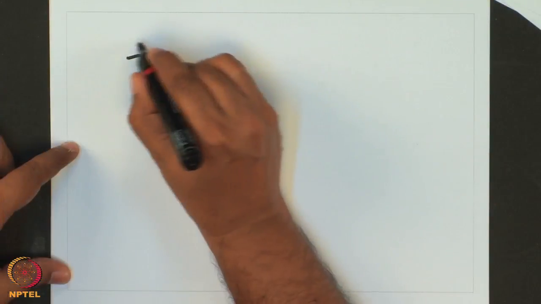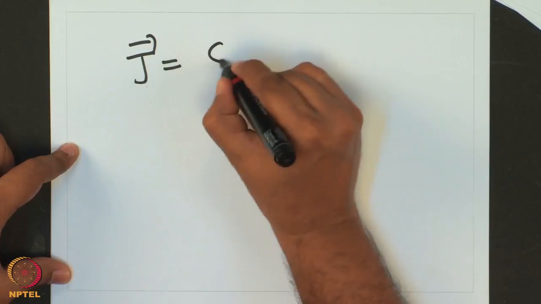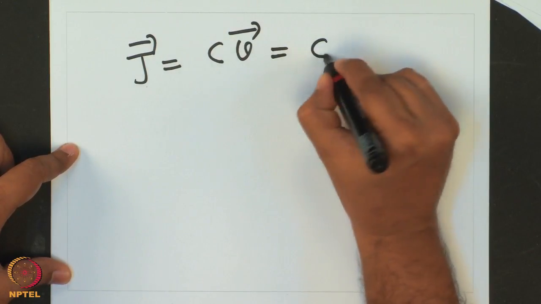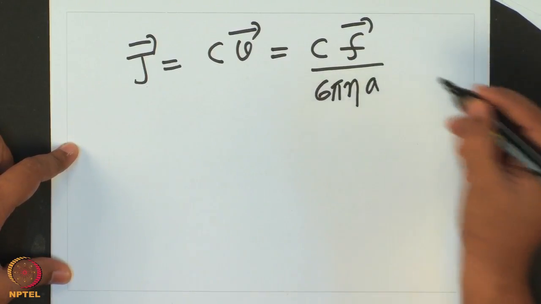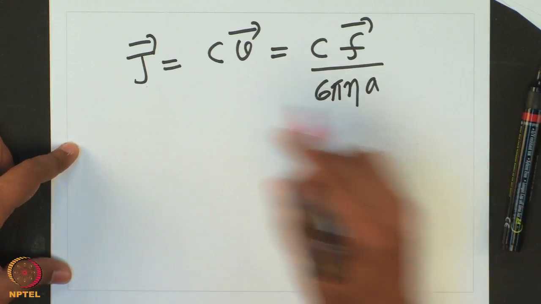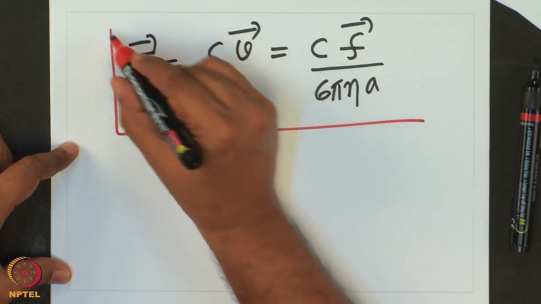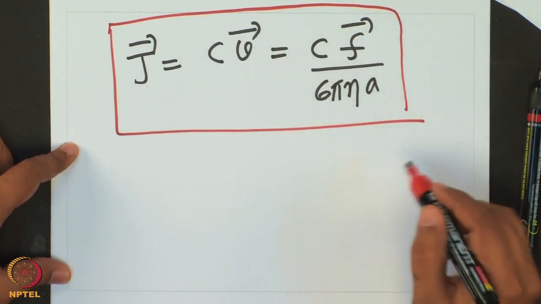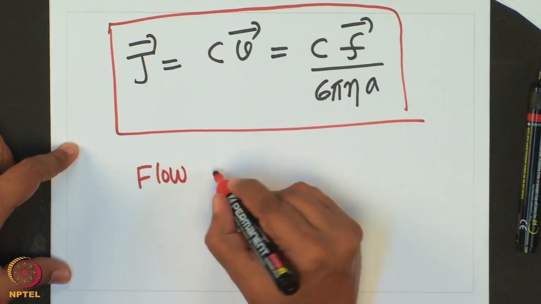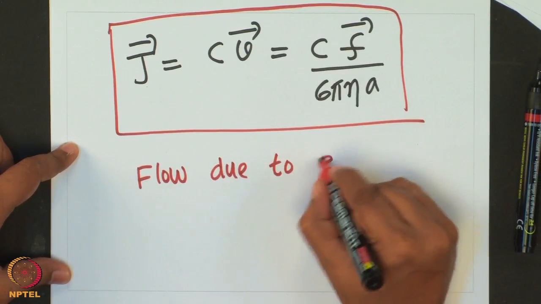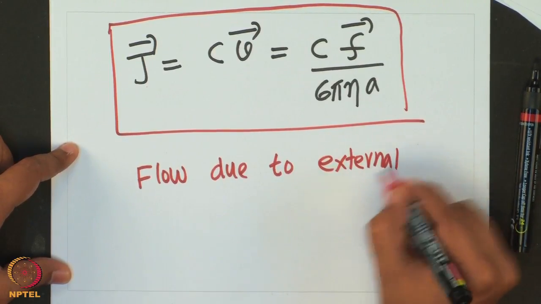So, it turns out that the flow J is equal to C times V, which is equal to C times F by 6 pi eta A. So, for a spherical particle, this is the flow due to external force.